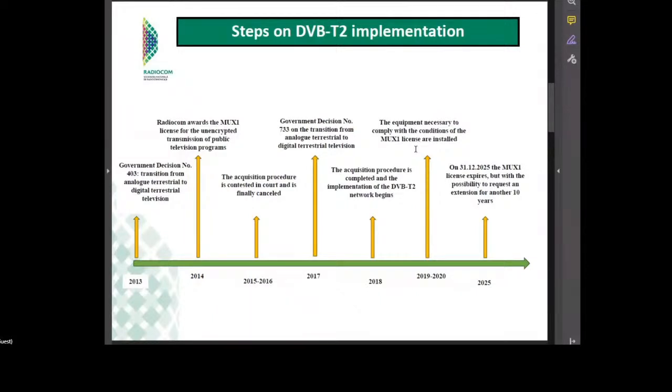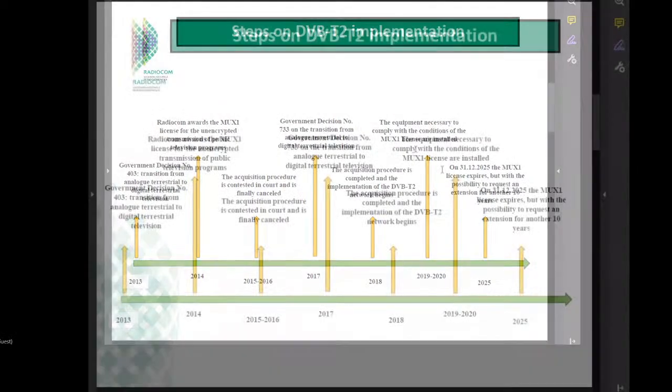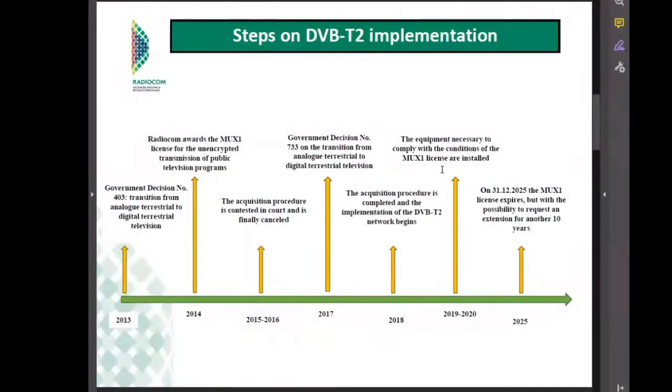The turning point was the switch-off of the analog transmission in June 2015. About 5% of Romania's population migrated to other existing infrastructures such as CATV and satellite, because at that time there was no national digital terrestrial television network yet.